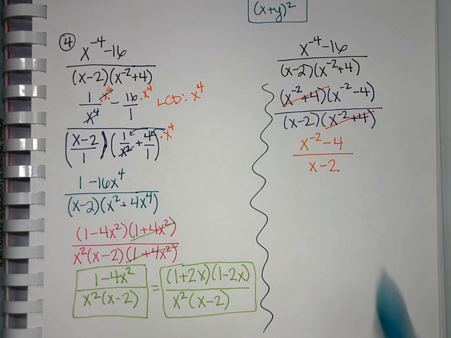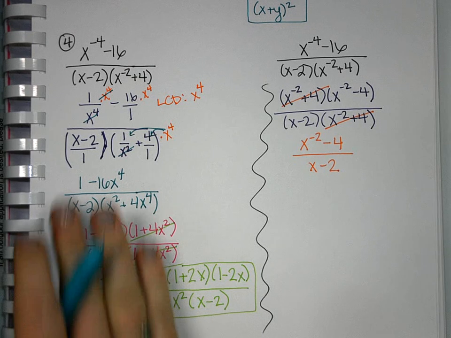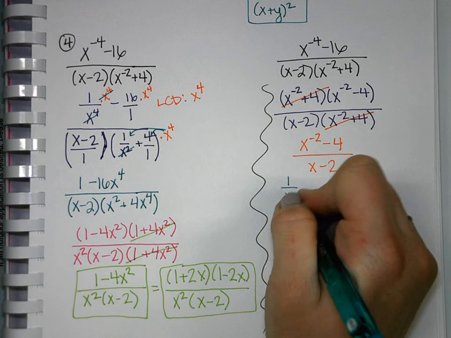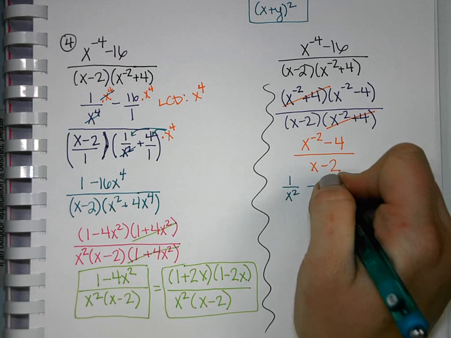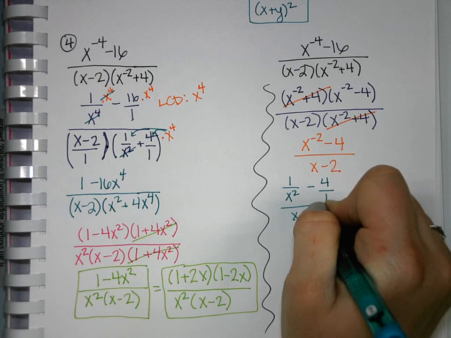It's just we're making it smaller and we're reducing it at the start as opposed to at the end. So if we keep going now with how we did every other problem, so make this 1 over x squared, put the 4 over 1, and then the x minus 2 is all over 1.